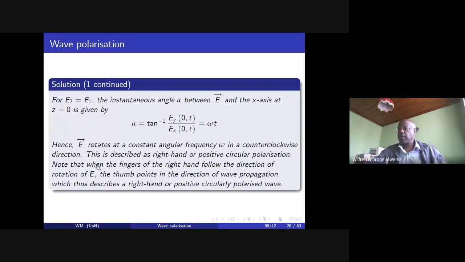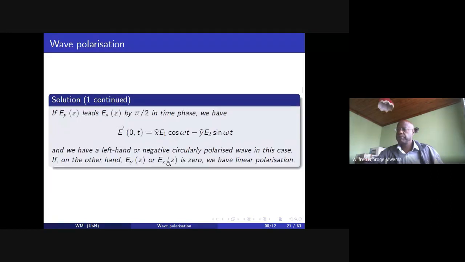If we use the fingers of the right hand to follow the direction of rotation of E, the thumb will be pointing in the direction of wave propagation. This describes the right hand or positive circularly polarized wave, using your right hand rule, so to speak.